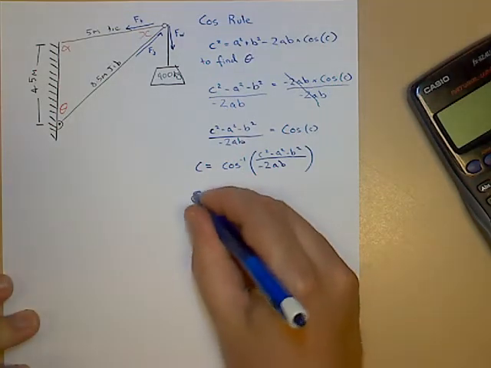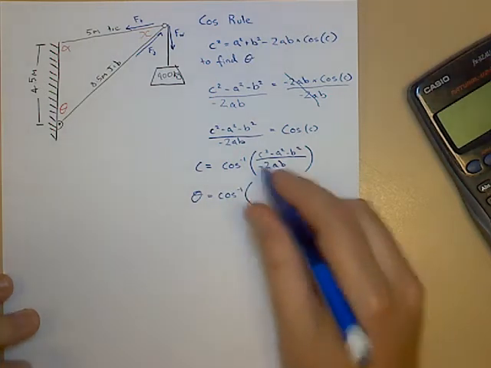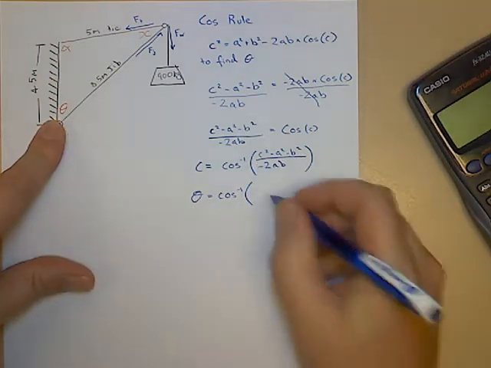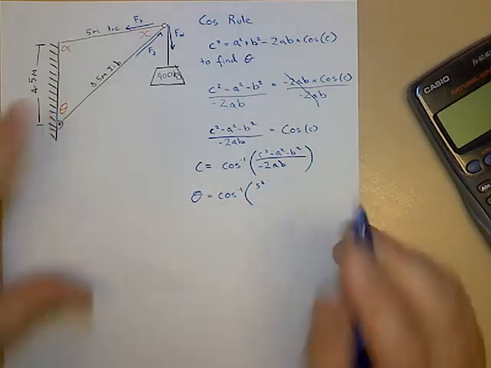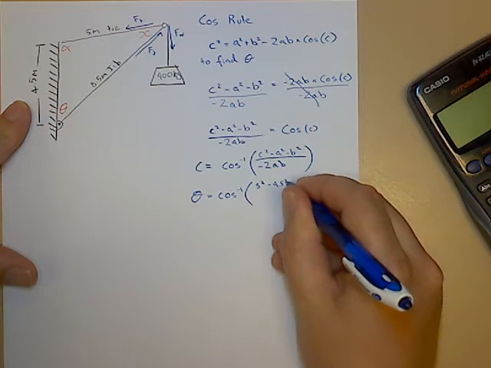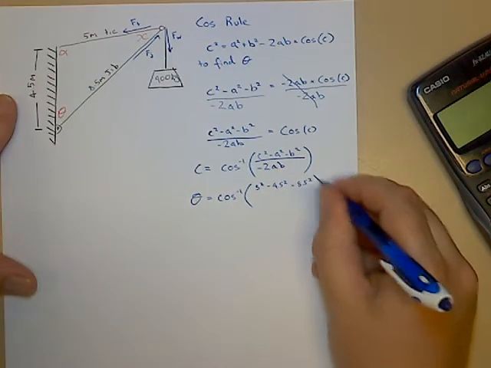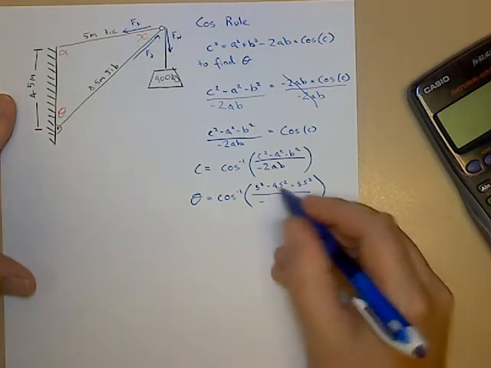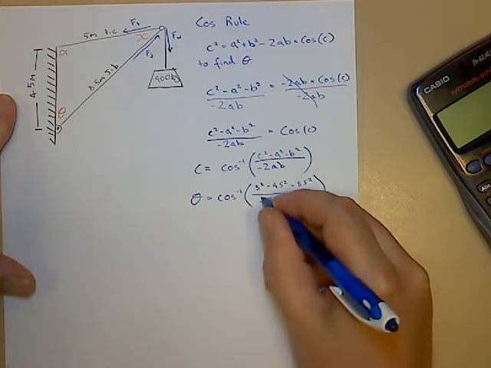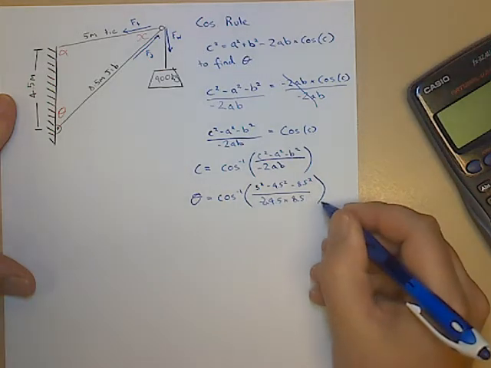So theta equals inverse cos. We need to use the side that's opposite our theta, 5 squared. The other two don't matter which order they're in, so minus 4.5 squared minus 8.5 squared, all over negative 2 times 4.5 times 8.5.